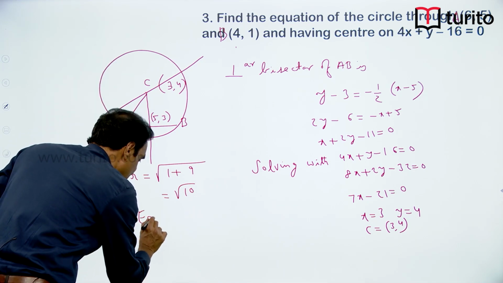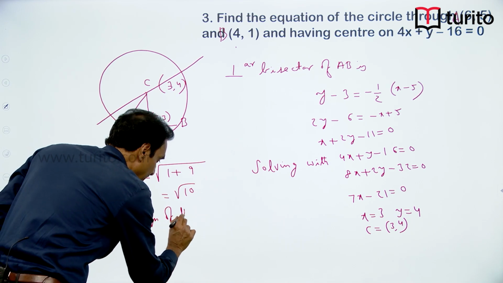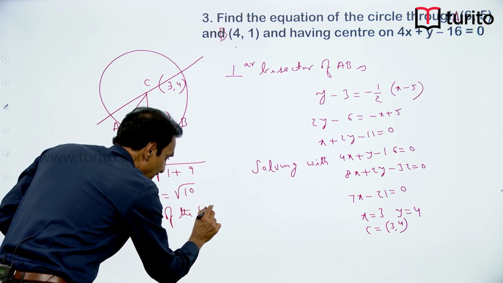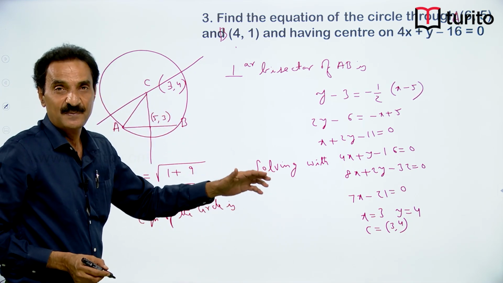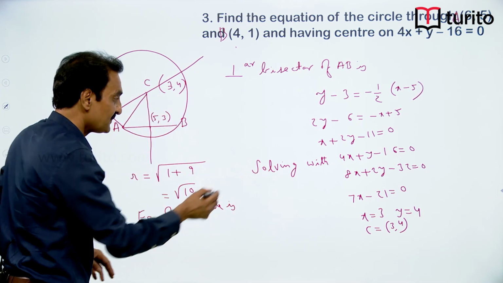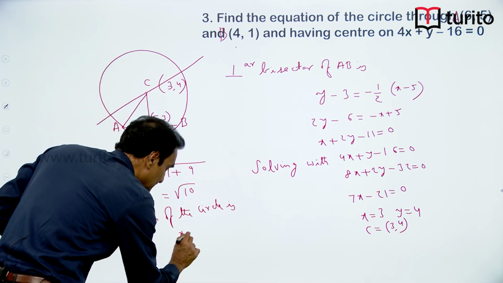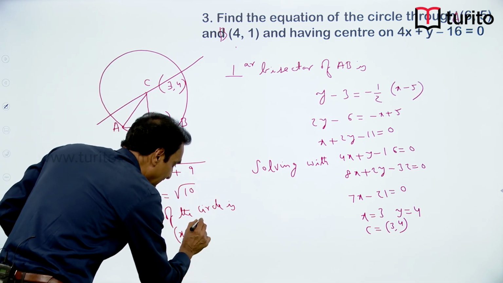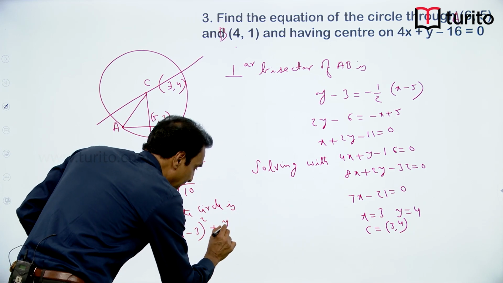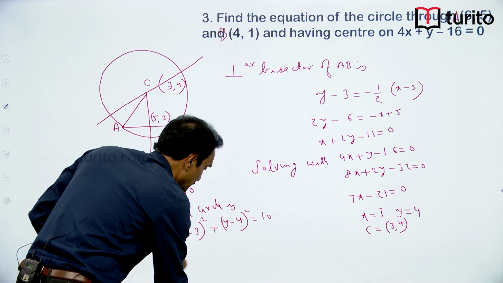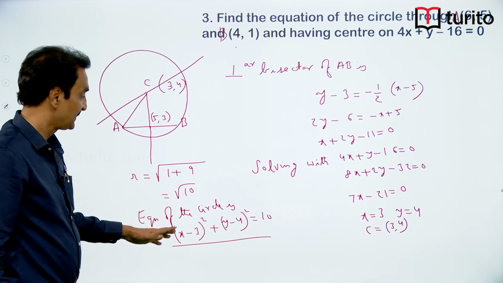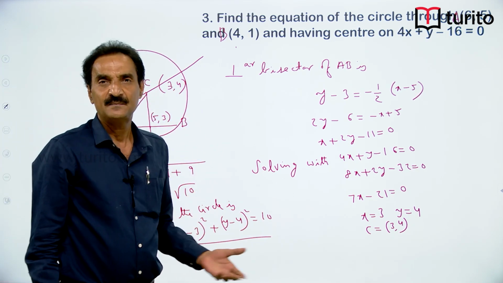Equation of the circle is x minus h whole square plus y minus k whole square is equal to r square, formula. We have x minus 3 whole square plus y minus 4 whole square is equal to 10. R square is 10. Okay. If you want, you can expand.